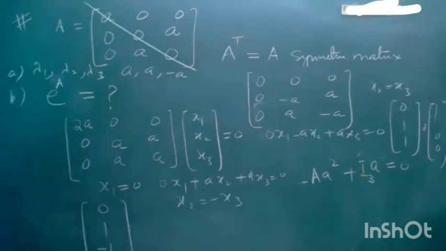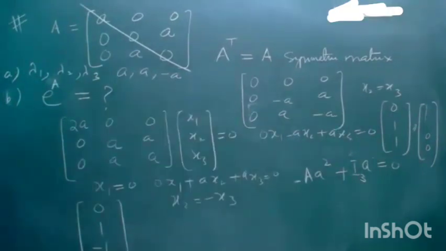Okay, so these are the values. And what are the normalization constants? Root 2 here, root 2 there also, and 1 in the last one. Correct?